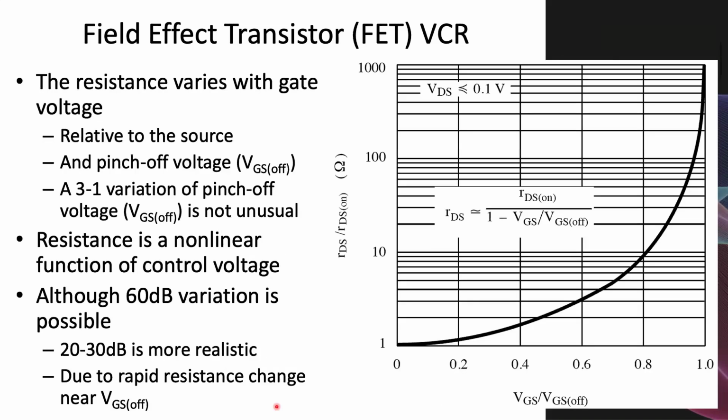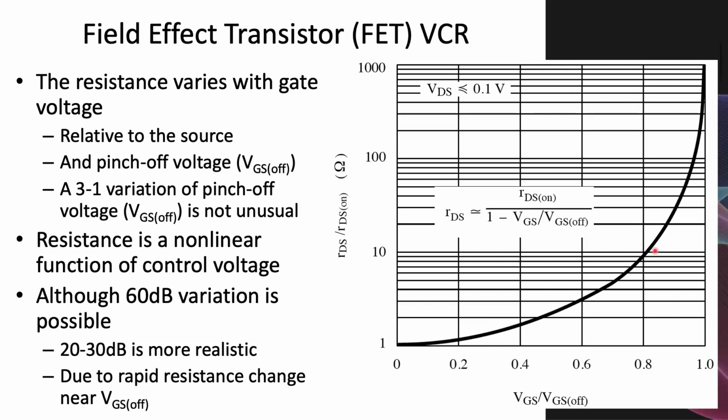Sorry, just before I get into that, the actual resistance isn't a linear variation with gate voltage either. As you can see here, it's quite a rapid change as you're close to the cutoff voltage. A very small change in control voltage results in a rapid change in resistance, whereas close to 0 volts, quite a large change in control voltage doesn't change resistance by that much.